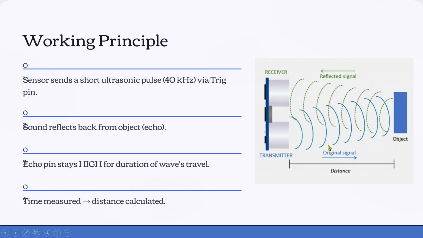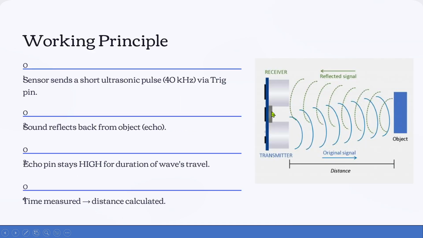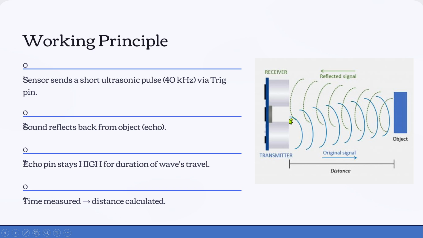Just understand what we are going to do. You don't need to be confused about trig or echo. Here you can see they are marking T and R on the sensor. T means transmitter, R means receiver. The transmitter is going to transmit a signal of nearly 40 kilohertz, producing a sound wave.